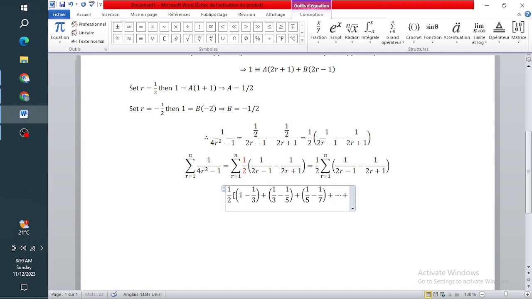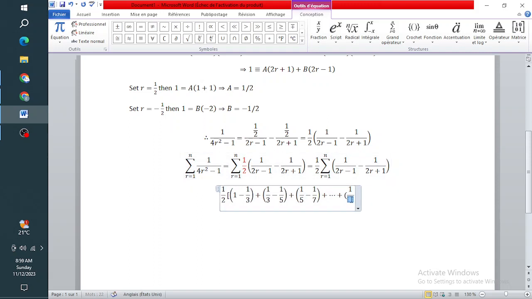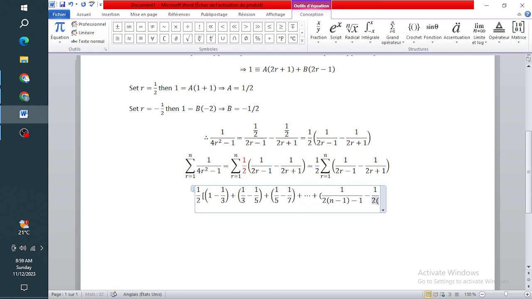Now when r is equal to n minus 1, because I cannot write all the terms, I'm summing from the first term to the n-th term, but before arriving at the n-th term, I will pass through the n minus 1 term. So when r is n minus 1, I'm going to replace r here with n minus 1, so I have 1 divided by 2 into n minus 1 minus 1, minus 1 divided by 2 into n minus 1, plus 1. Let me first of all simplify this.